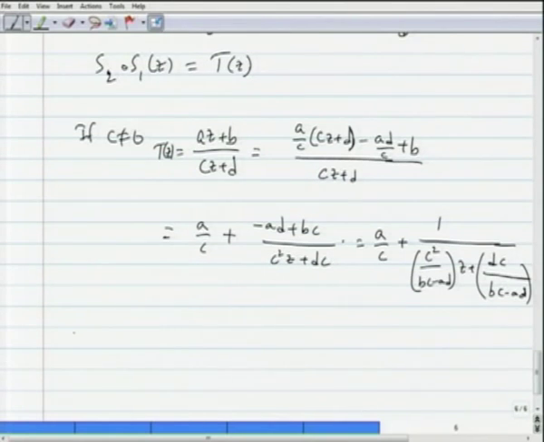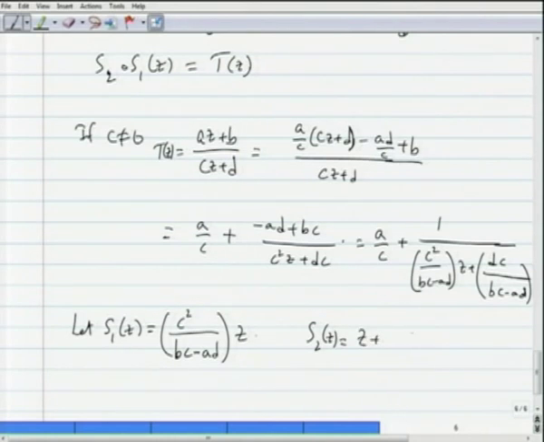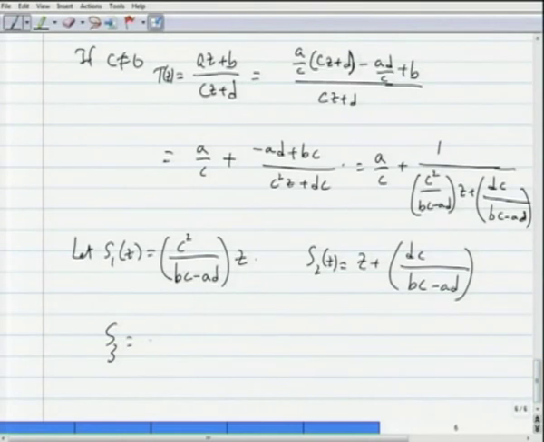So, if we let S1 of z be the dilation by c squared divided by bc minus ad times z, and then let S2 be the translation by dc divided by bc minus ad, and S3 be the inversion, S3 of z equal to 1 by z, and S4 of z once again the translation by a by c.